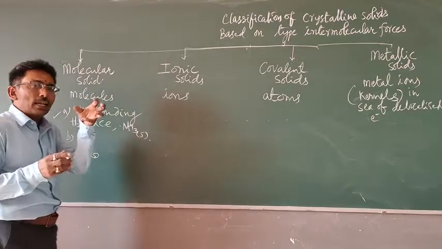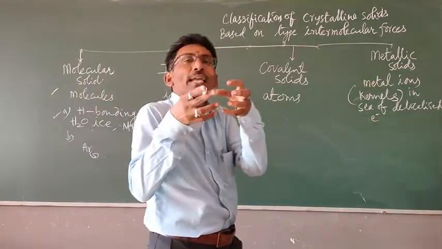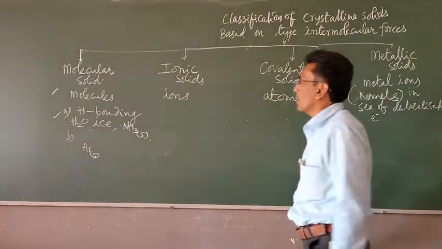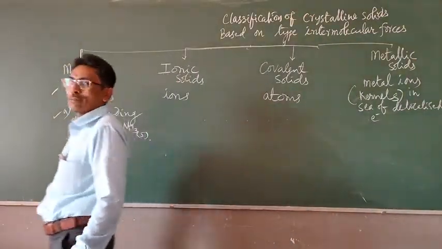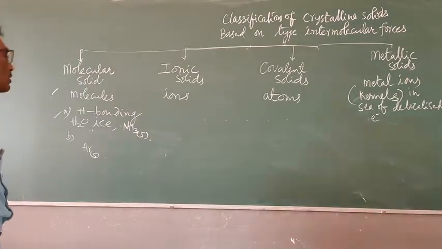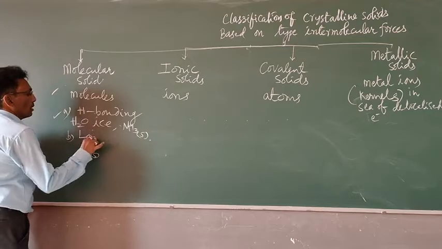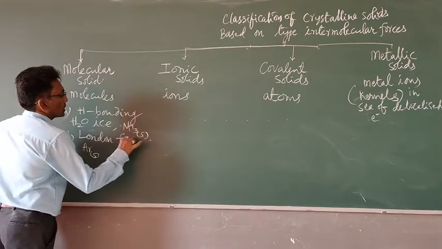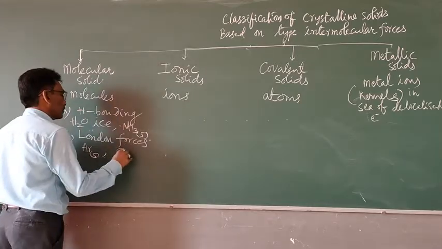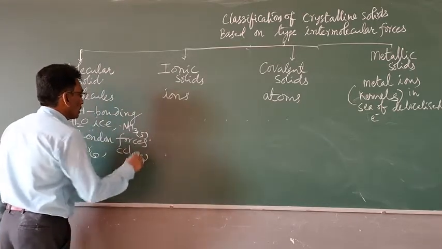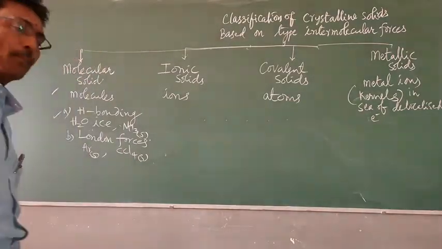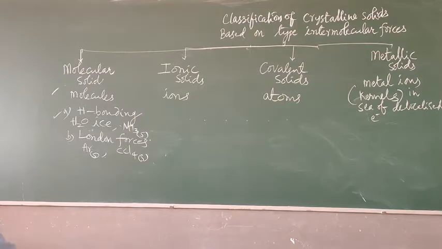So one argon atom is attracted by another argon atom. What are the forces operating? The forces among argon atoms are London forces or Van der Waals forces. London forces in argon solid, and also in CCl4 solid, as it is a non-polar molecule. CCl4 dipole moment, as you studied in the first year, is zero.